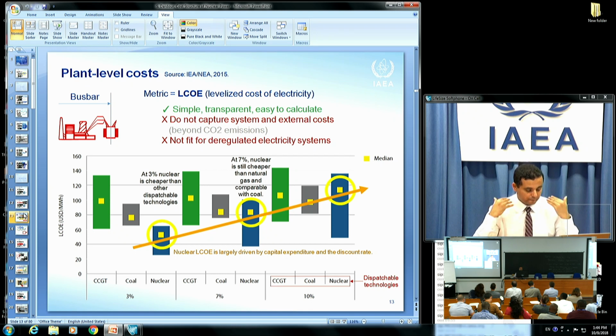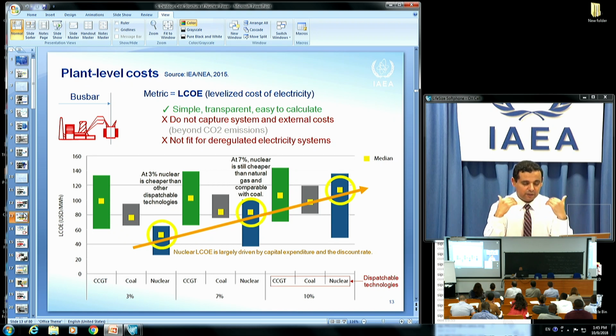What it basically shows is how what we call the levelized cost of electricity varies depending on the technology and on what we call the discount rate. So we have this important metric for measuring plant level costs, which is the levelized cost of electricity, or LCOE.